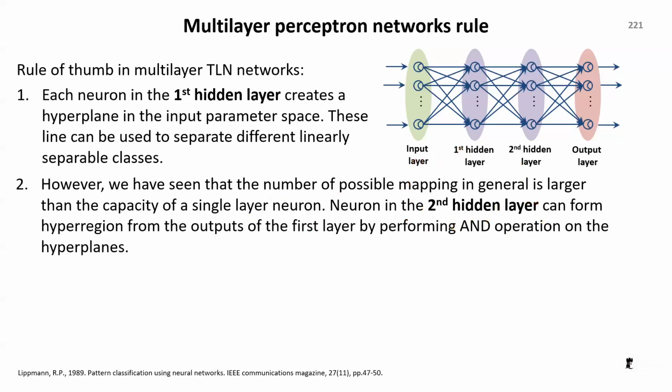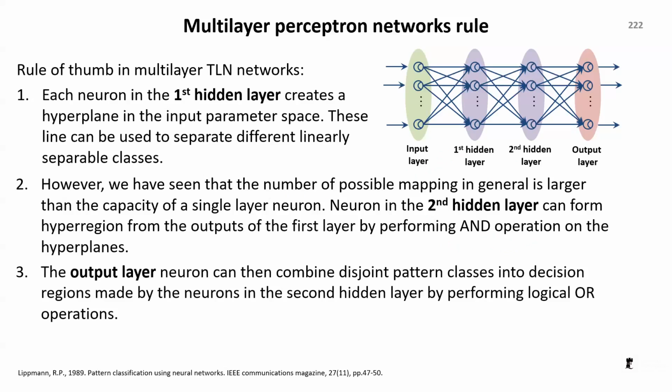We will see that. And then the output layer will combine different parts of these hyperregions into one superregion. It is a rule of thumb, so sometimes it may not follow this rule. But in general, this works.